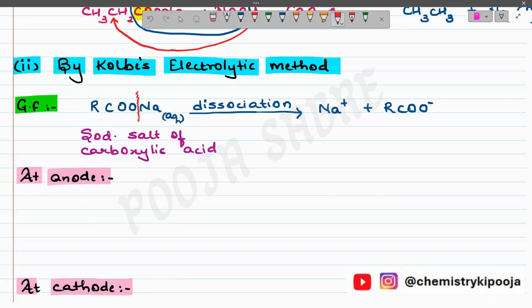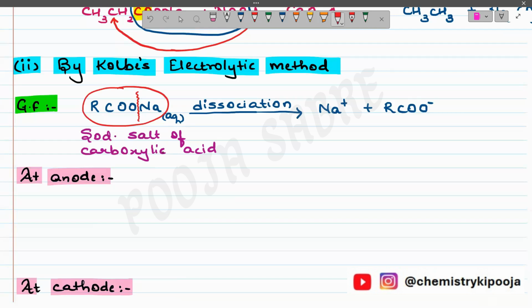So I can say that this is again a decarboxylation reaction. But in this reaction, an aqueous solution of sodium or potassium salt of a carboxylic acid is electrolyzed. So we are going to use a sodium salt or potassium salt of carboxylic acid. So this is RCOONa, and this RCOONa is going to undergo electrolysis, and then we will get the final alkane.